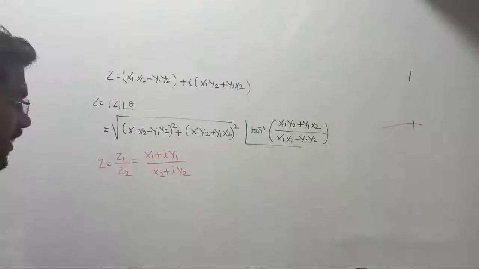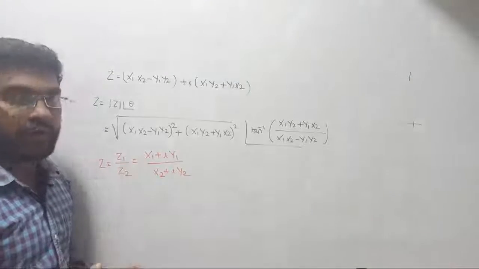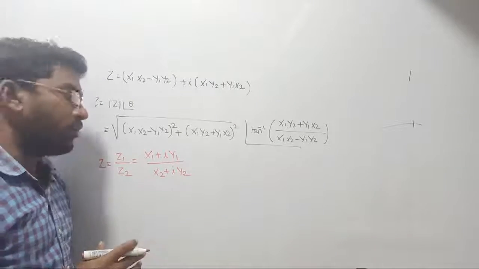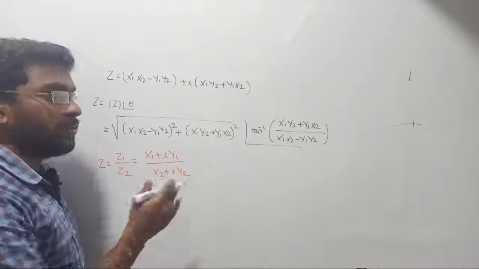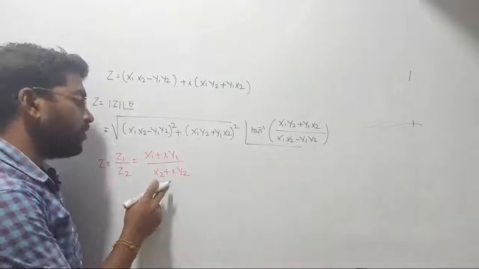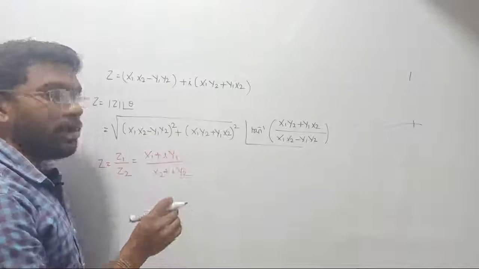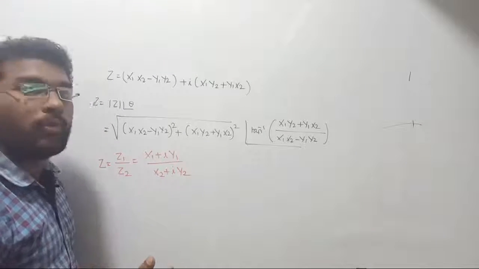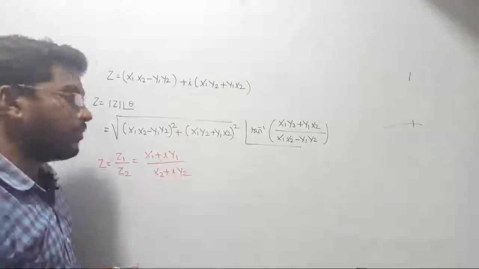Now the thing is, whenever we get a complex quantity in the denominator in complex variables, and we would like to break them into the real part and imaginary part separately, then we should take the conjugate of the denominator term. If you take the conjugate and multiply both numerator and denominator, only then will you get a completely real term in the denominator, such that in the numerator you can break the real part and the imaginary part separately.